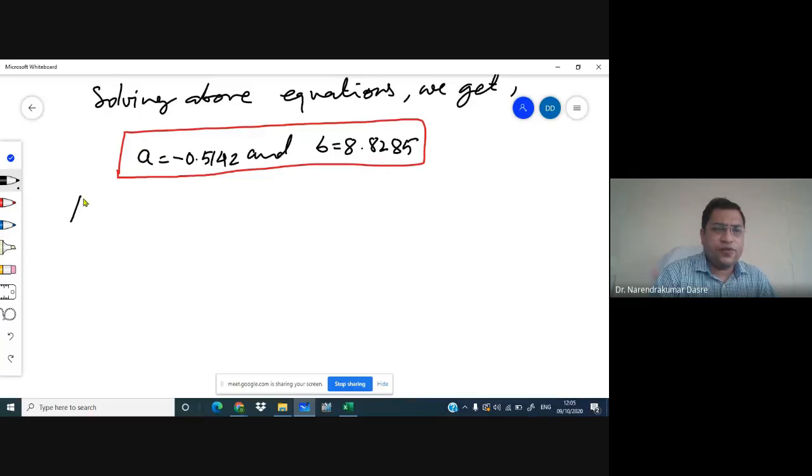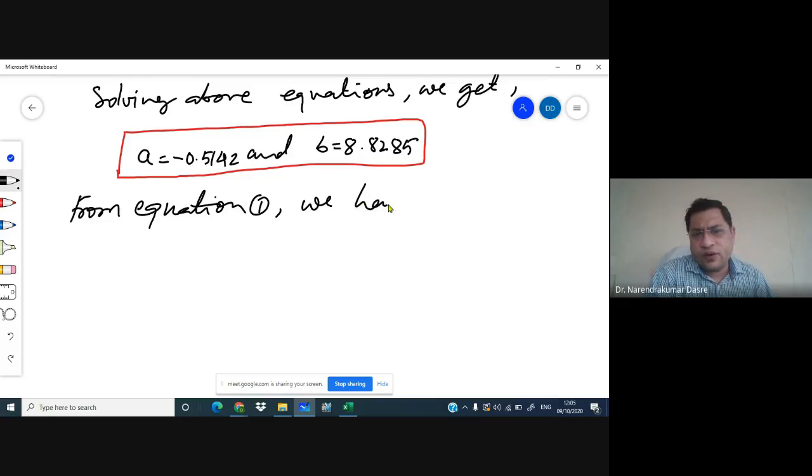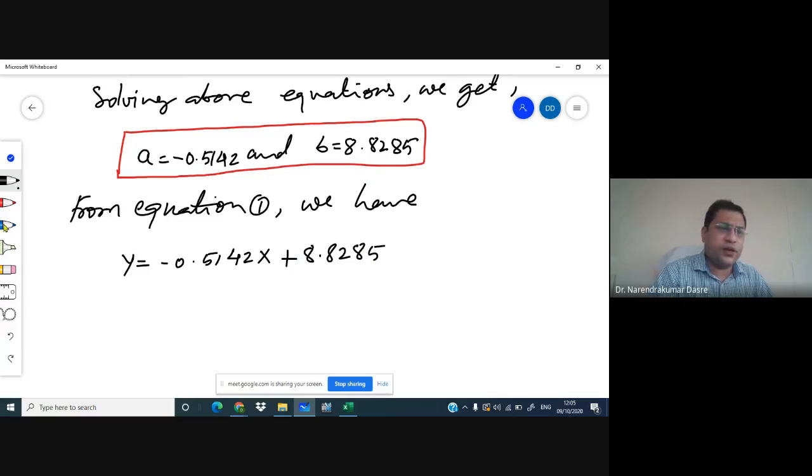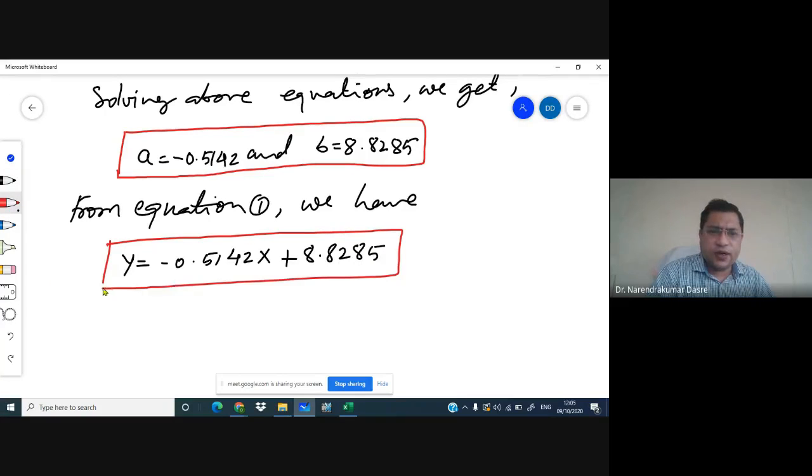So from equation 1, we have Y is equal to minus 0.5142 times x plus 8.8285.